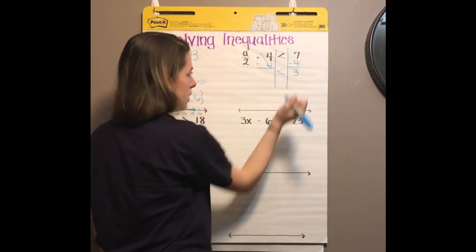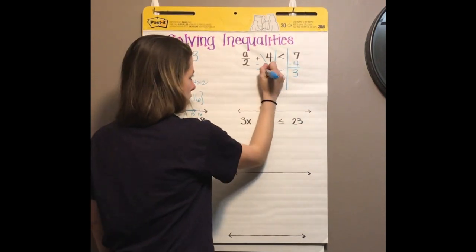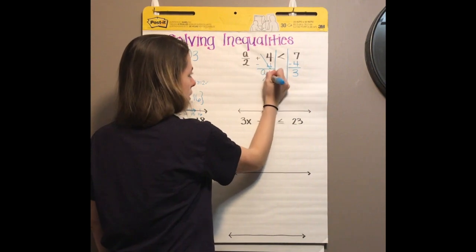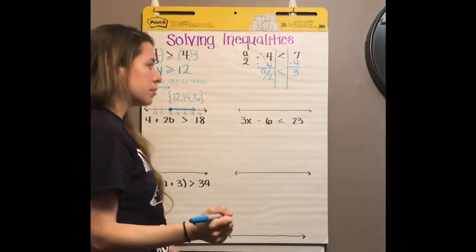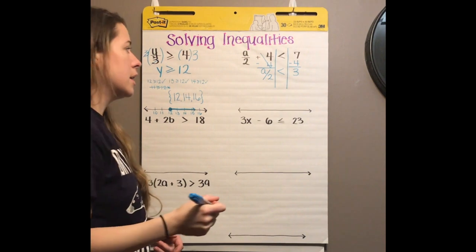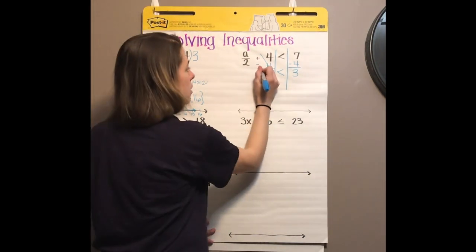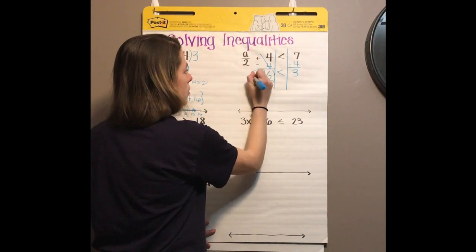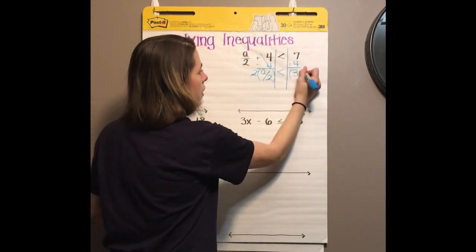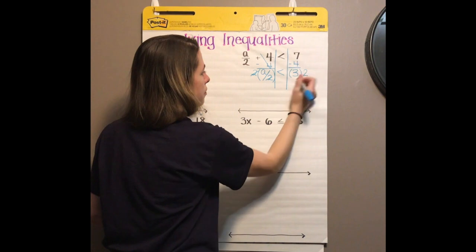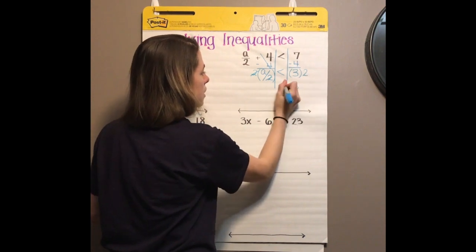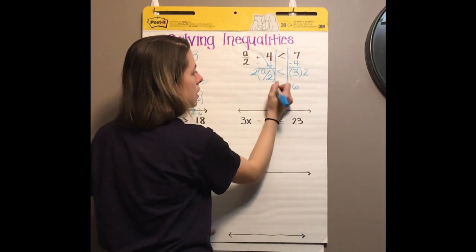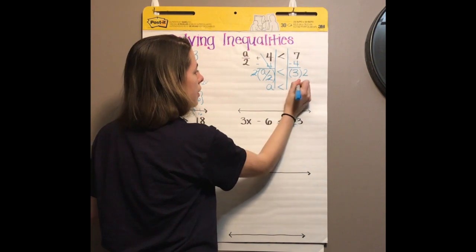I bring down the symbol, and I bring down what's left, which is a divided by 2. Then to get rid of a divided by 2, I'm going to multiply by 2. 3 times 2 would be 6. My less than sign, and a.